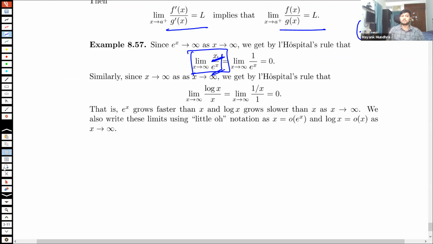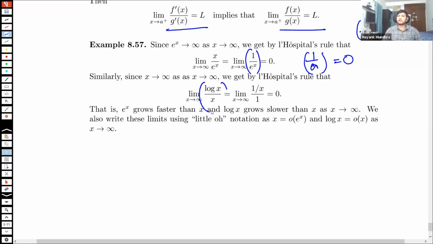When I differentiate, I will get 1 by e to power x. And now it is 1 by infinity format, and 1 by infinity is 0. So you do not apply L'Hopital here. Doing L'Hopital here is suicide. Don't apply L'Hopital unless you have a 0 by 0 or an infinity by infinity format.